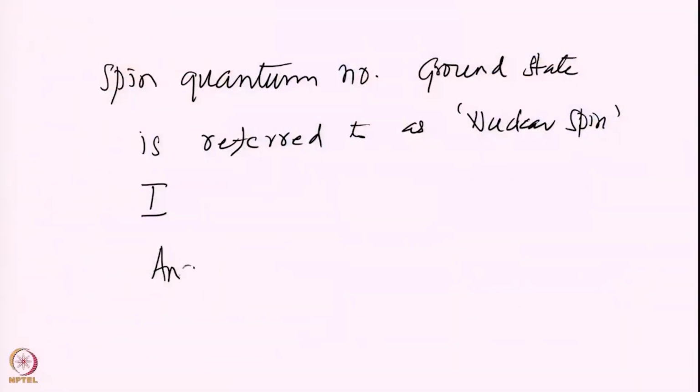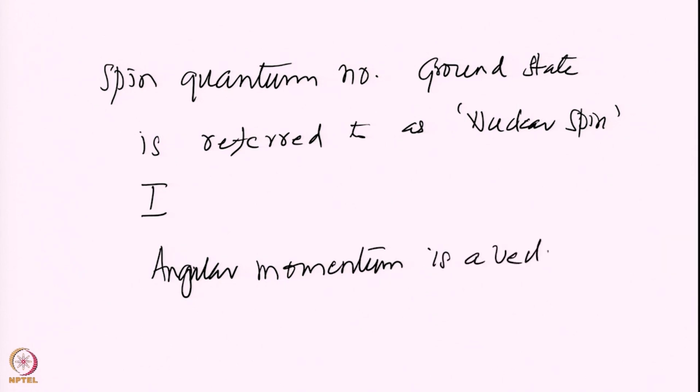This is the quantum number which is a number, and the angular momentum corresponding to this will be a vector. So, angular momentum itself is a vector, so we represent it like that.